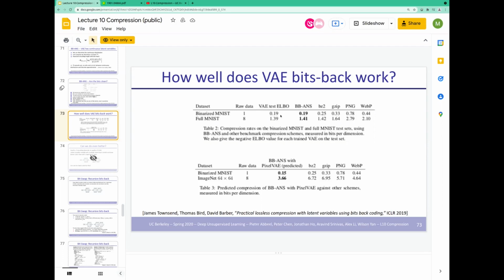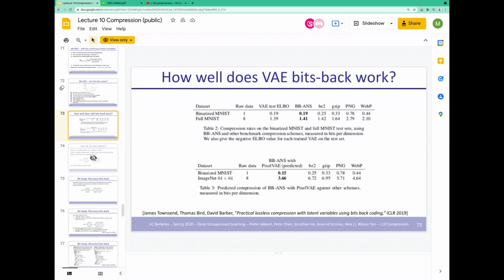And this only shows you the difference that you lose by using the coding. This is probably the lower bound using the VAE, but it does quite a bit better than all of them. It's pretty close to BZ2.